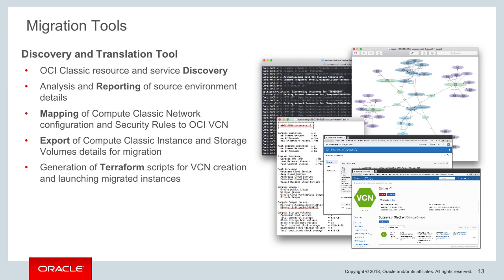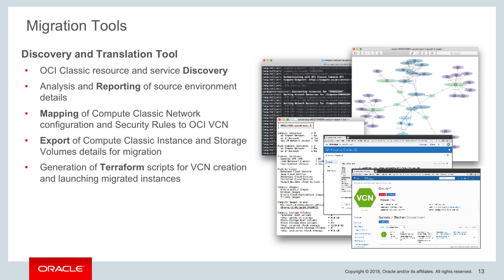It also lets you export Compute Classic instance and storage volumes details necessary for migration, and this list can be used as an input to the VM and block storage migration tool.